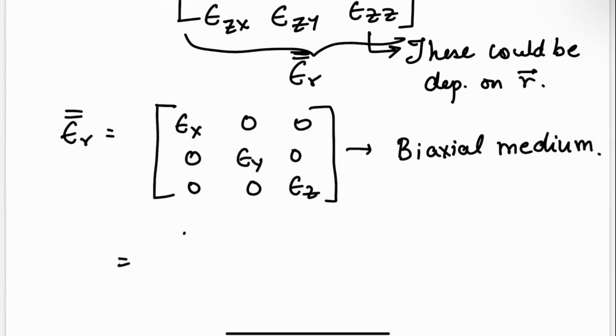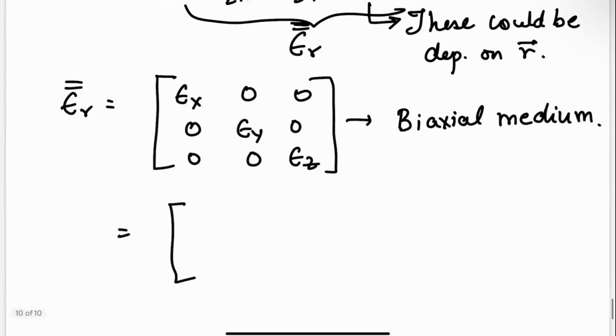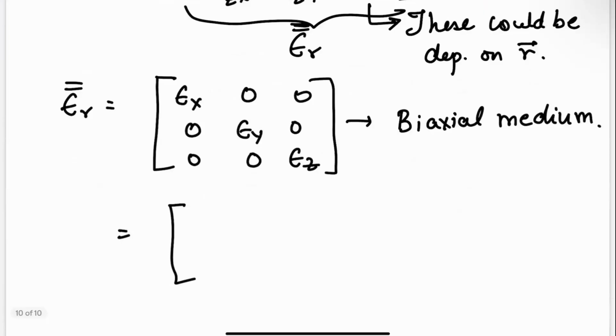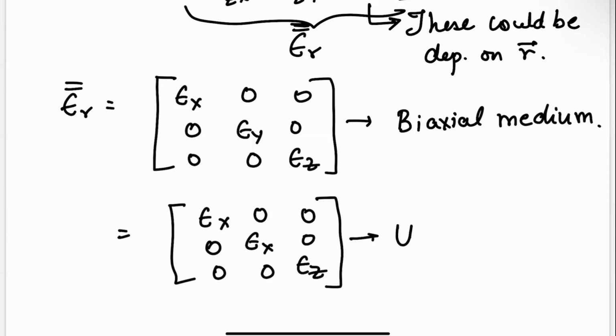And if I have diagonal elements of which only two are unique, so let's say epsilon x, epsilon x, epsilon z, and zeros everywhere else, this is called a uniaxial medium.